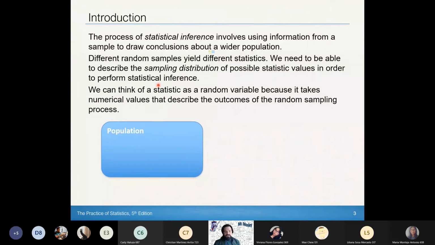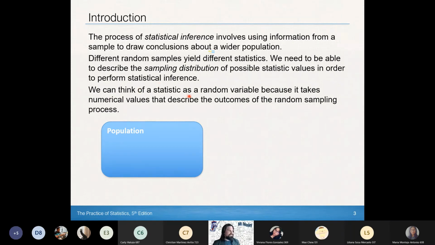Essentially, taking one sample is not enough, because that one sample could yield a different outcome than the next sample, and that sample could be different than the next sample. So in order to get enough data to actually perform a statistical inference, we need to take multiple samples.